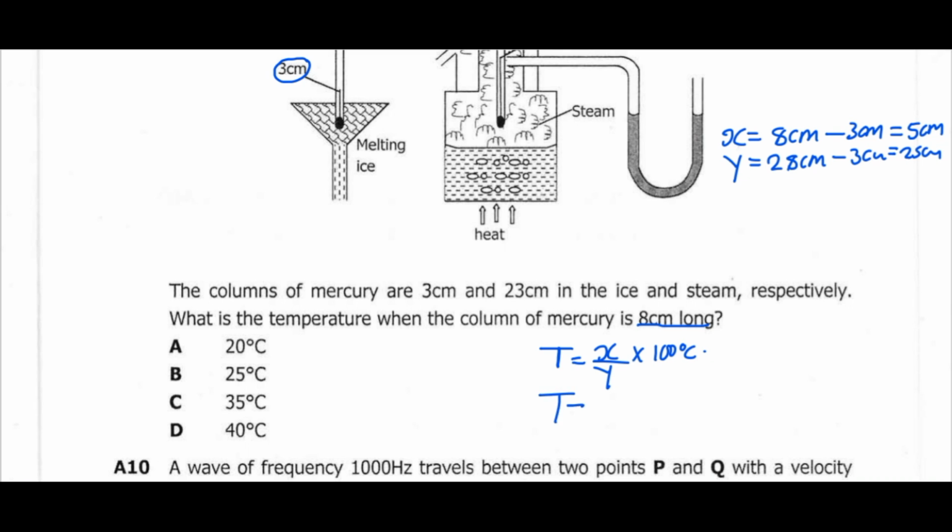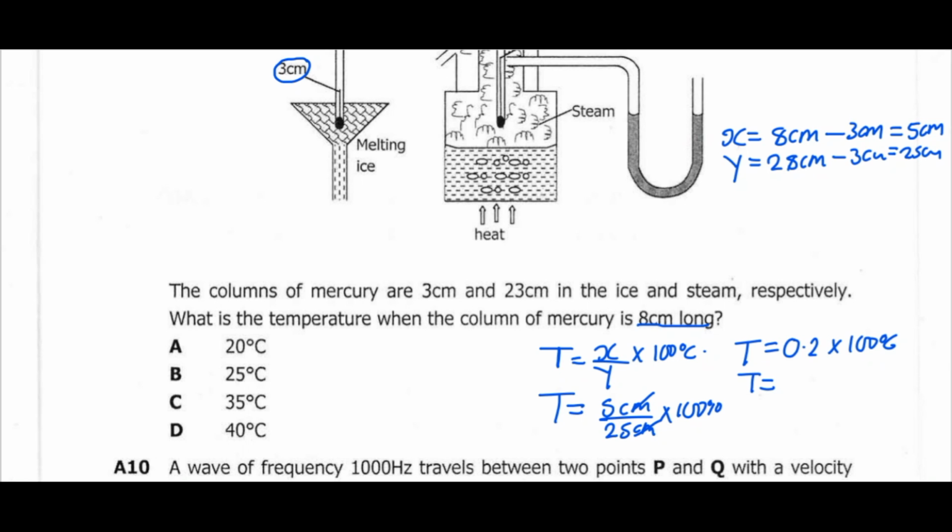So temperature is equal to our X, which is 5 centimeters over 25 centimeters, multiplied by 100 degrees. The centimeters cancel. So 5 divided by 25, you get 0.2 times 100 degrees Celsius.